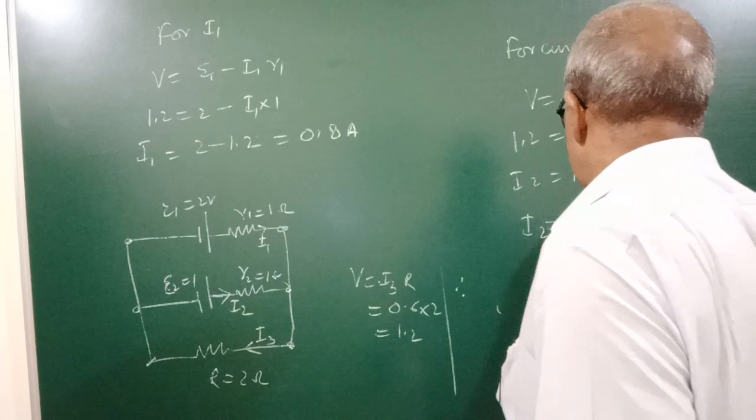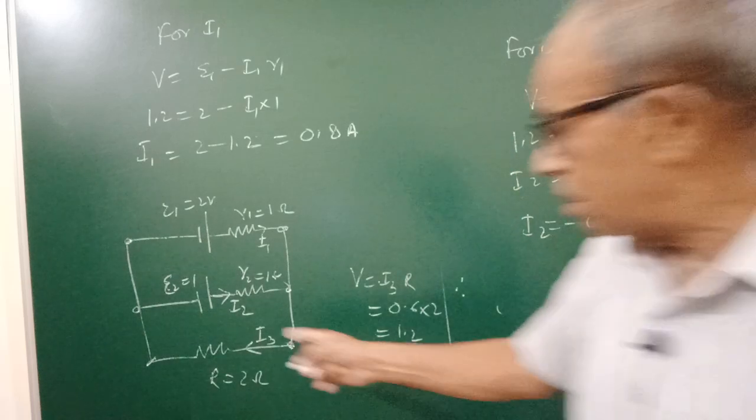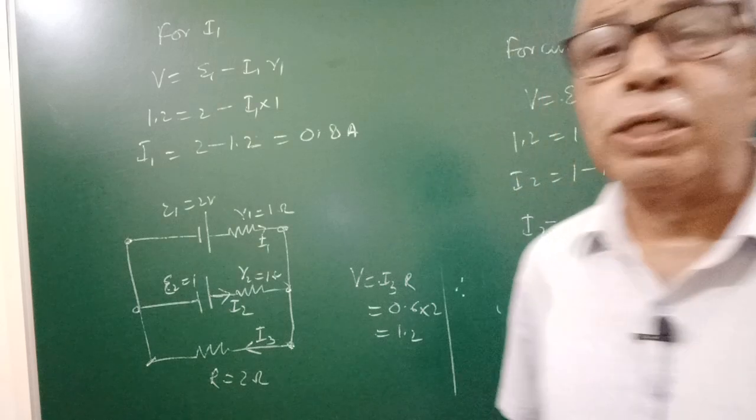0.2, with a minus sign. Minus sign means current will pass through this. E2 will take current.